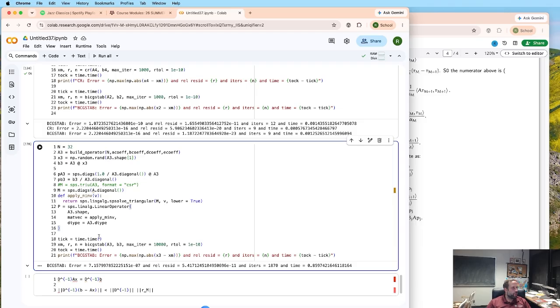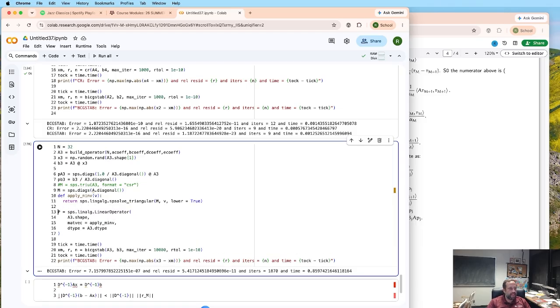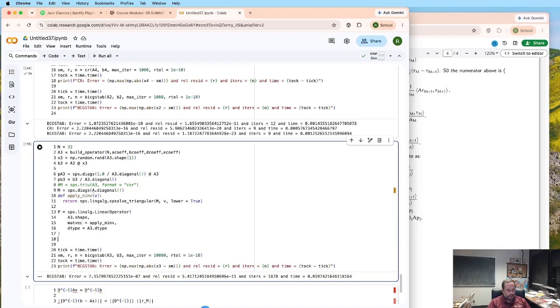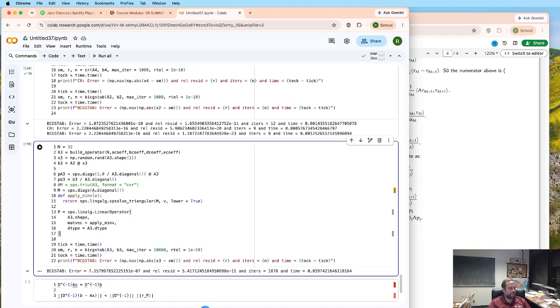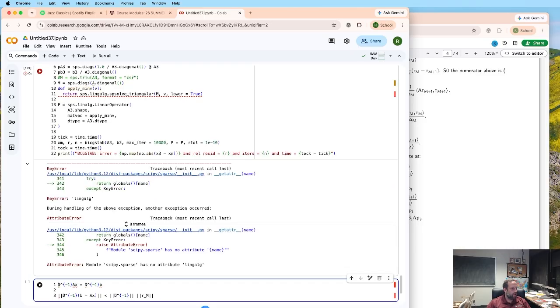Okay, so now P is a linear operator, and the thing that it does, if you do P times X, is compute P inverse of X. Okay, so that's exactly what's going to happen here. Right now, M is a diagonal matrix, so that is in particular a lower triangular matrix, so all of this will work here. And we're going to do P is equal to P. Run this.